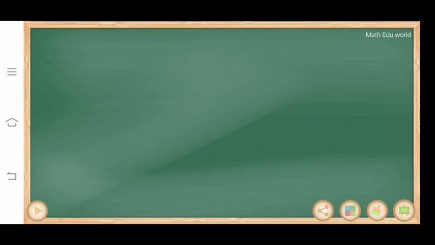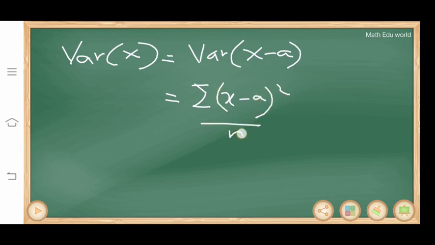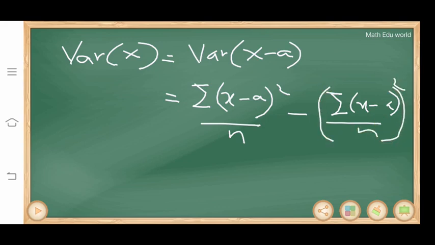So variance of x is the same as the variance of its corresponding coded data, and it can be calculated by sigma x minus a the whole squared by n minus sigma x minus a by n the whole squared.